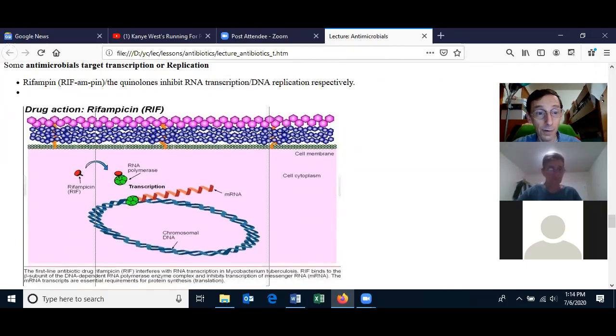Rifampin, how it actually works is the drug binds to the RNA polymerase, stopping its ability to bind to DNA and stopping transcription. Any questions about that? All right, so that's the mode of action where the antimicrobial either targets RNA transcription or DNA replication.